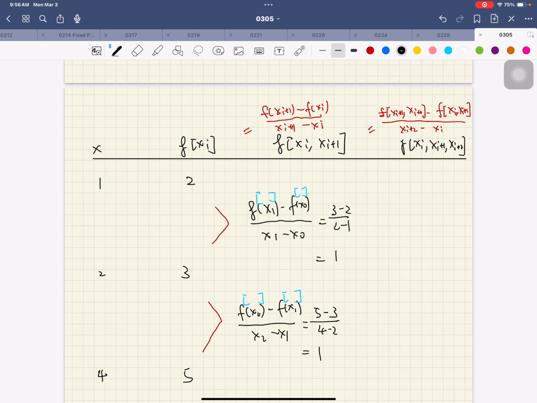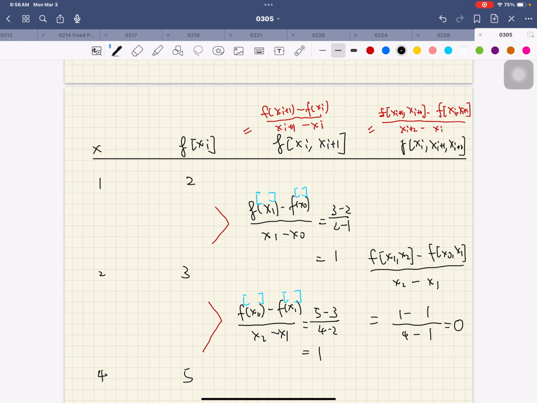But based on the definition over here, we can compute our target. With i equal to 0, this is f[x1, x2] minus f[x0, x1] over x2 minus x0, and this is 1 minus 1 over 4 minus 1.